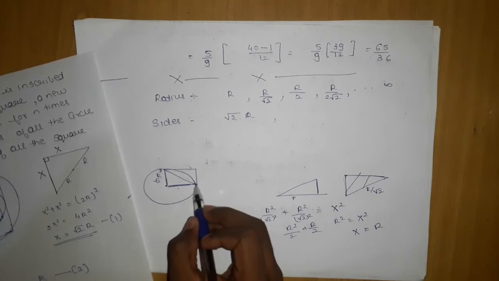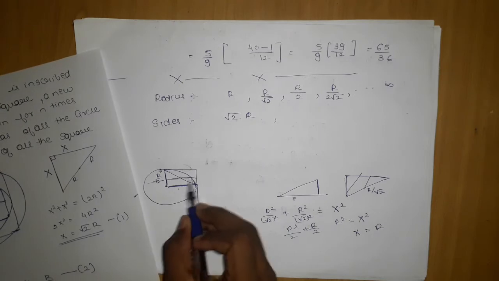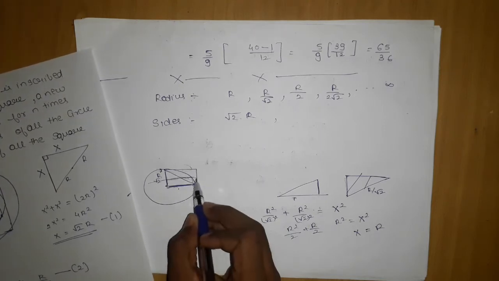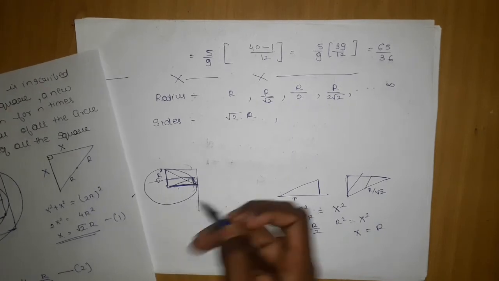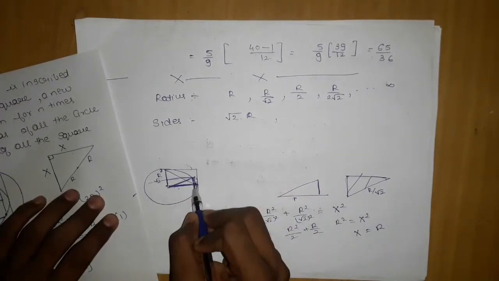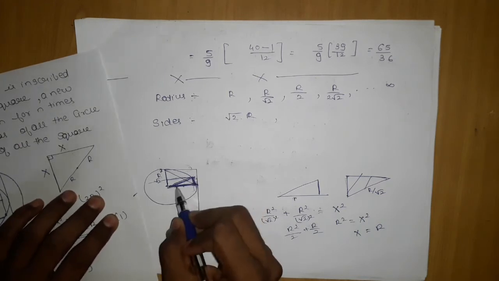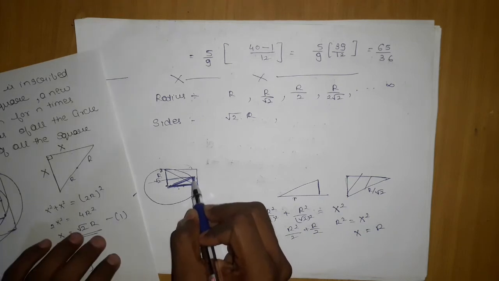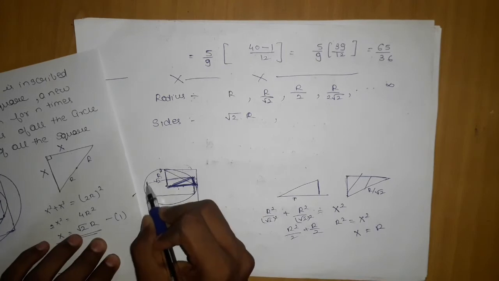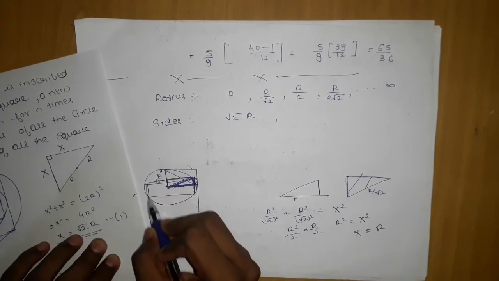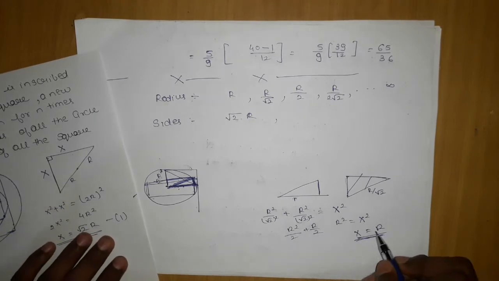No matter what square you get from inside, if I consider a right angle triangle like this, then this length will be similar to this, and this will be my radius, which I already have, r by root 2, and this is the length which I want, and then I will double that, which will give me the length of the square. So I hope you have understood. In this way, by applying the right angle theorem, again we got x equals r.